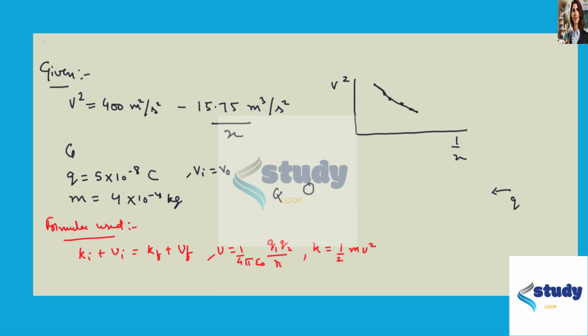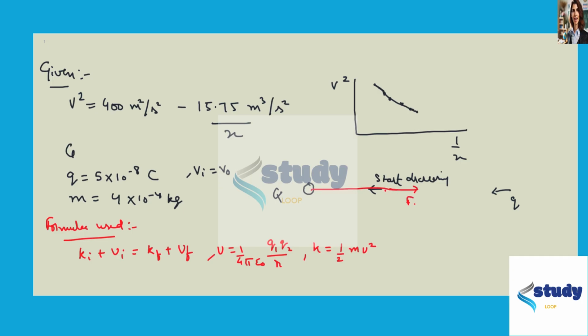So we throw this q charge with some velocity v naught initially, so this is vi, and the velocity on this position starts decreasing because we have a repulsive force due to this capital Q on this q.